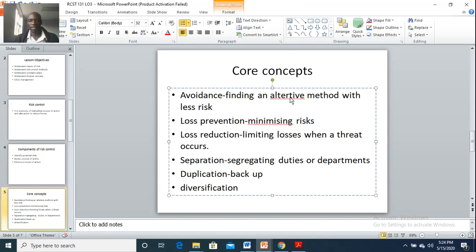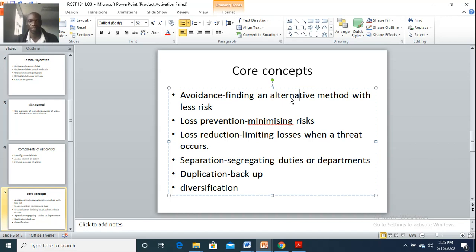So you find alternative ways of avoiding. Let's say you are using a chemical in a factory, but that chemical can cause health problems. To avoid your workers being sick every time, choose another chemical which is not dangerous. Then you avoid the losses and the health hazards.